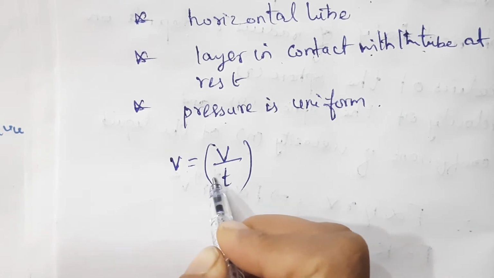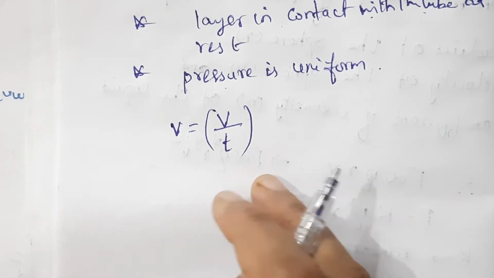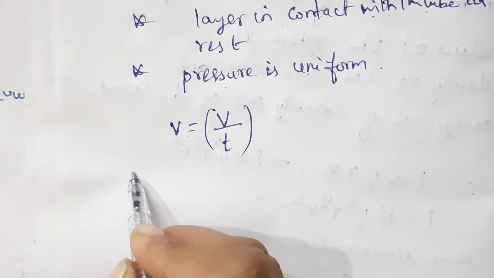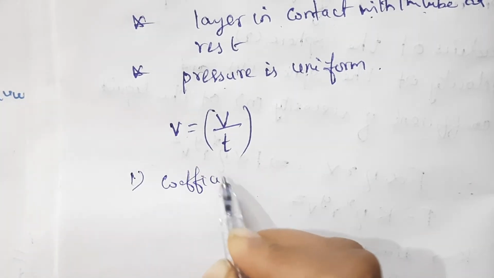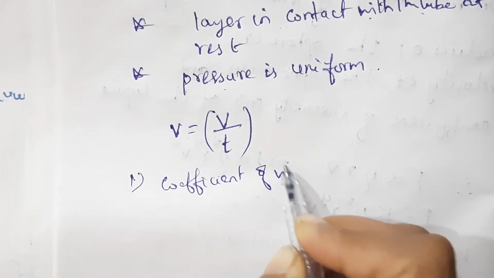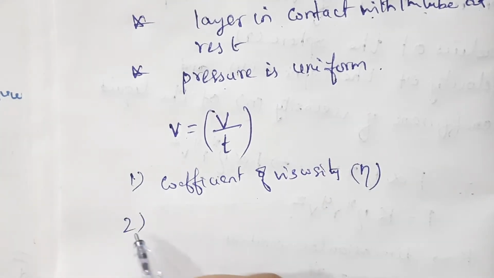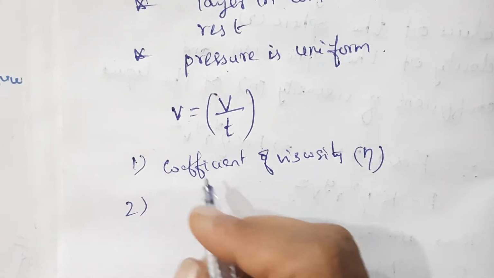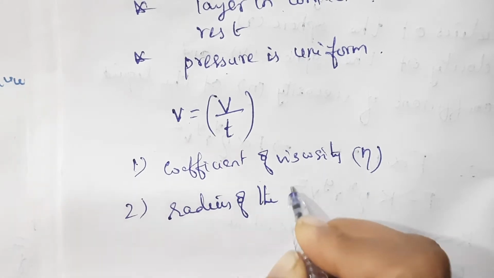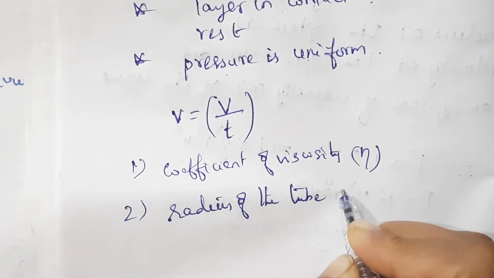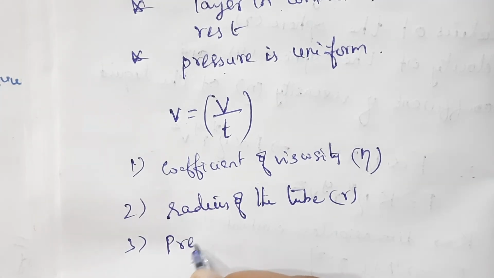So this depends on the coefficient of viscosity eta of the liquid, then on the radius of the tube r, and it depends upon the pressure gradient.